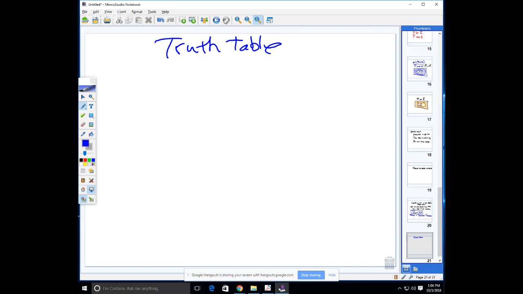So I could abbreviate that whole thing by saying I'm analyzing the compound statement that S implies C. If S, then C. And S stands for the sun is shining, C stands for you get to have cake. So those are two different ways to abbreviate that whole sentence. Because in logic, when you're analyzing a sentence, it's a pain to rewrite it over and over and over again. So usually we do little shortcuts like this.